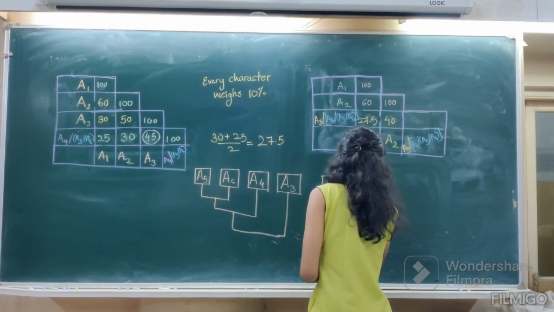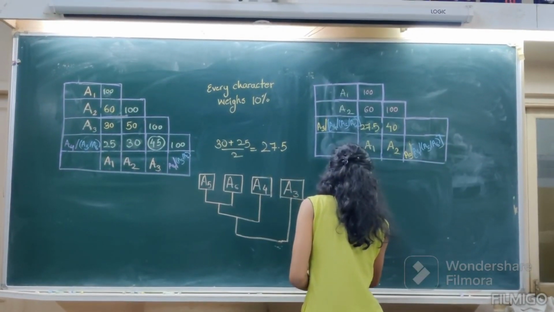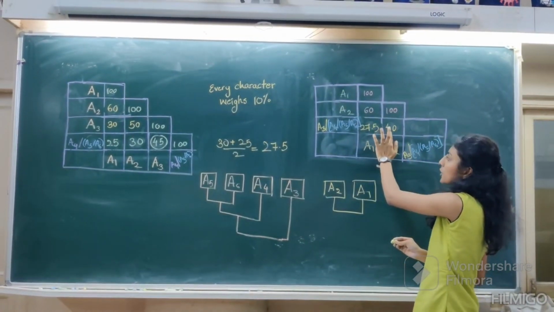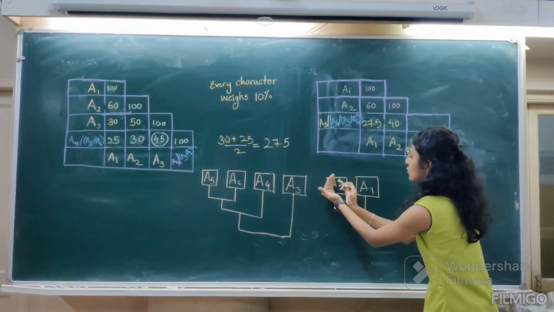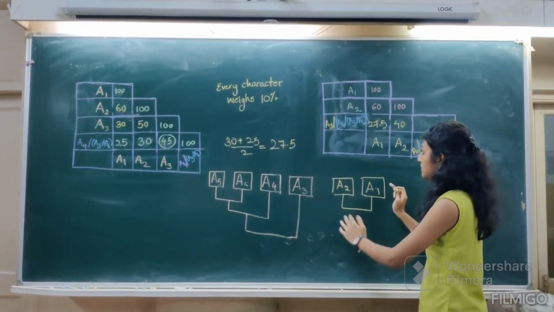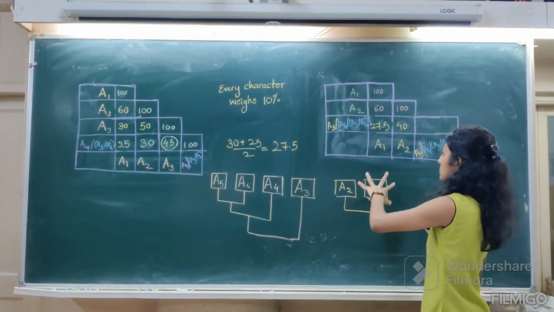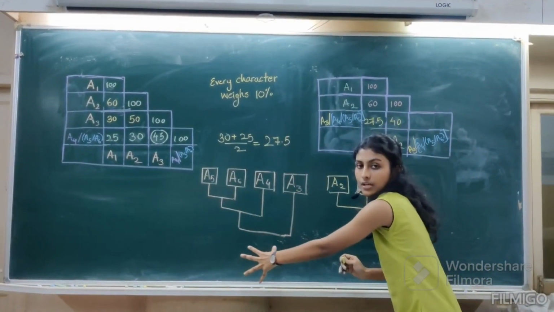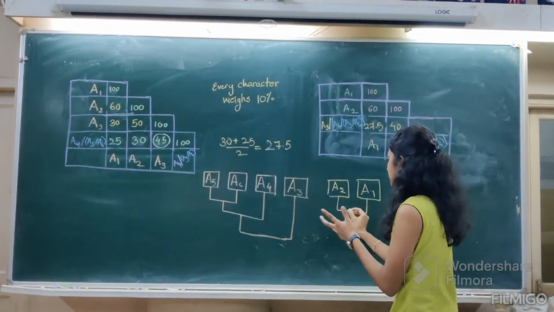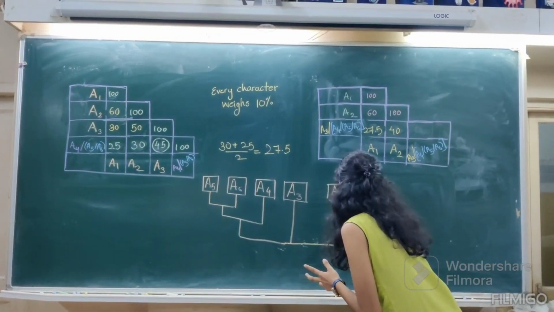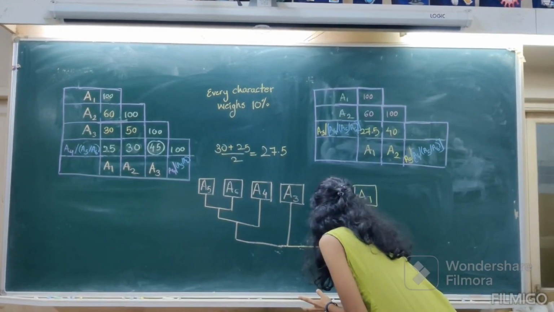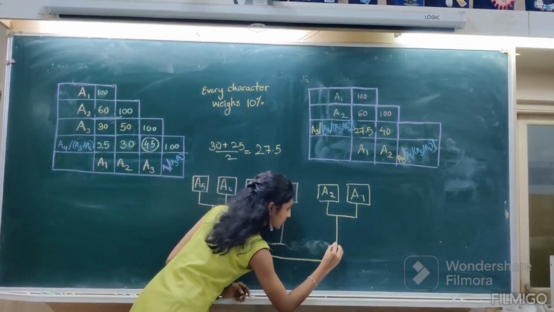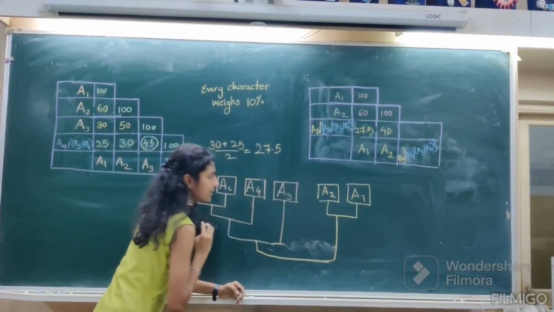So your A1 and A2 are 60% similar to each other, which is more than a 40% similarity, and hence these two organisms have been clubbed together, and your A1 and A2 have a similarity of 40% with the rest of the phylogenetic tree, and hence you can draw another branch from your phylogenetic tree, which will take you to your A1 and A2.